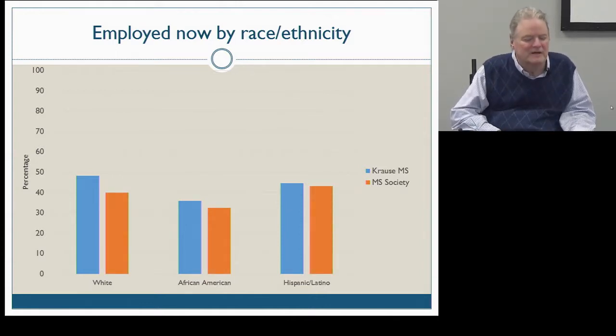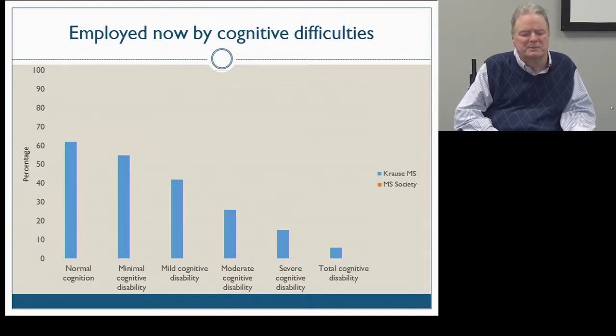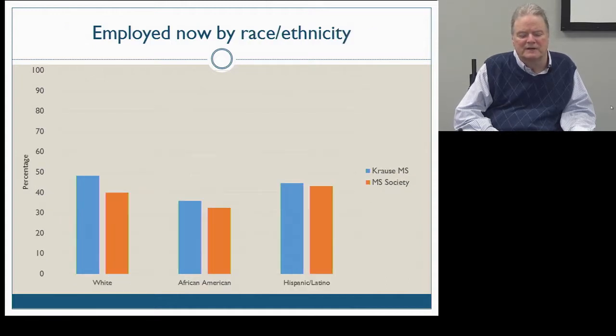We have covered them previously, and I'm just providing them for contextual factors for those who have not seen those previous presentations. Not surprisingly, there are higher rates among white non-Hispanics and high rates among Hispanics, with lower rates among African Americans.